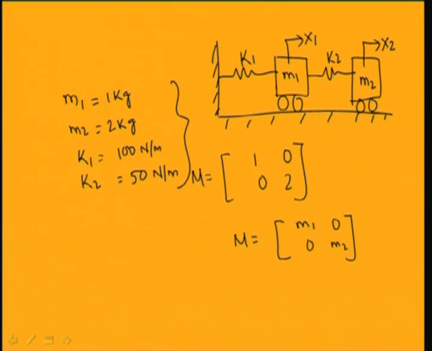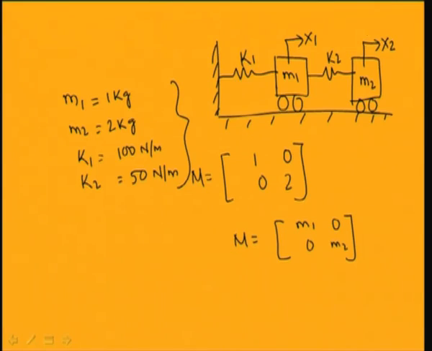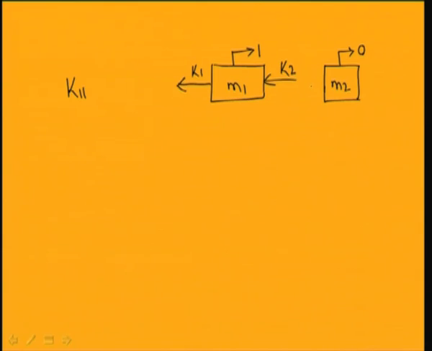So, it will exert a force in the opposite direction, which is K2. Similarly, for mass 2, as it is stationary or has x2 equal to 0 for the time being, this M2 will be subjected to a spring force K2 acting on it in this direction. So, this is K2.